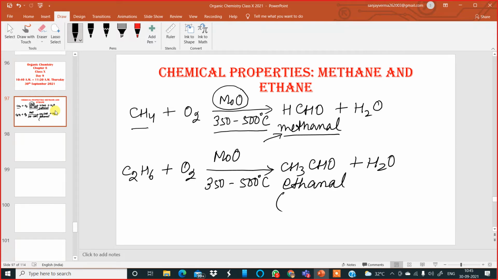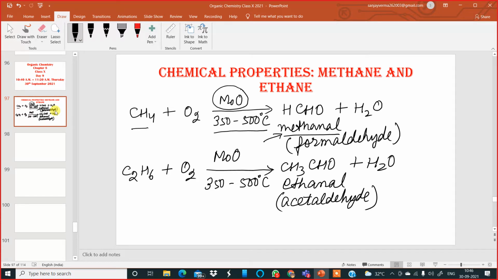The common name of ethanal is acetaldehyde, and the common name of methanal is formaldehyde. Now this was catalytic oxidation of methane and ethane.